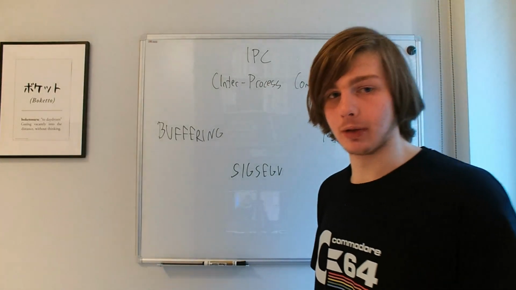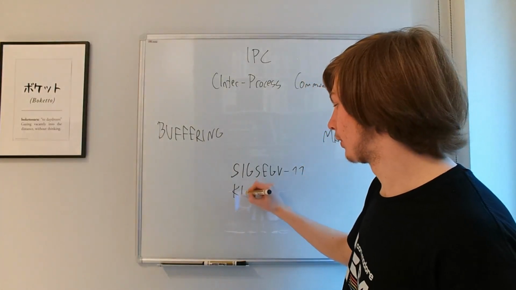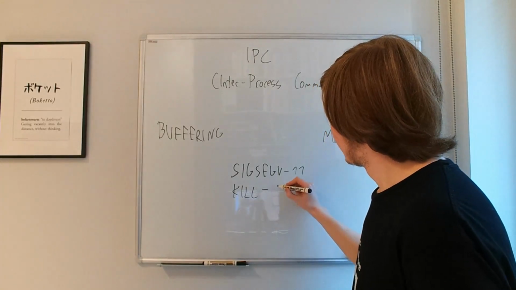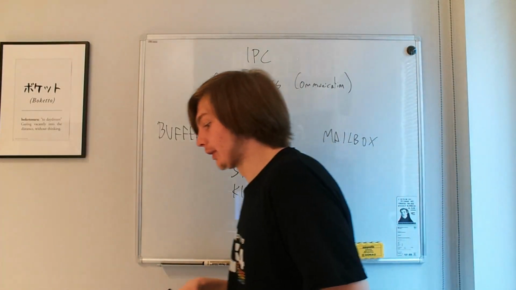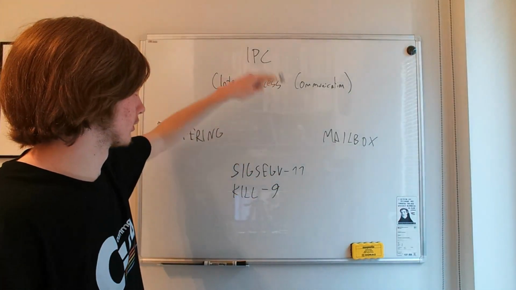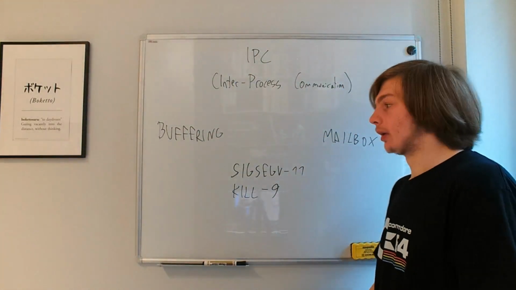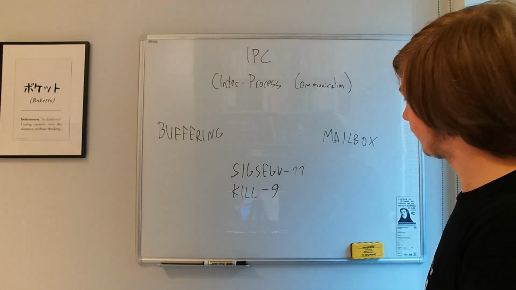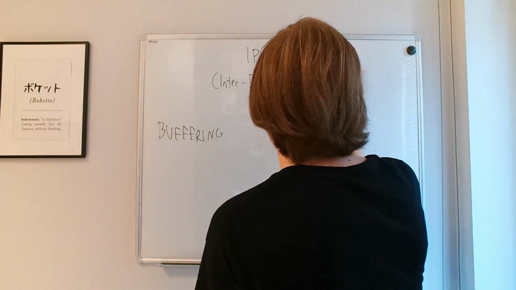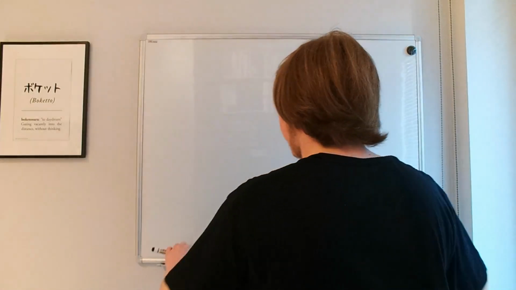So some memory segmentation violation has occurred. That's number 11. Or for example, kill, which is used to kill a given process. That's, for example, number 9. So you send some specific numeric identifier of some IPC message to a given process. And this sort of IPC is also related to synchronizing processes and such. But more about that in the next video.